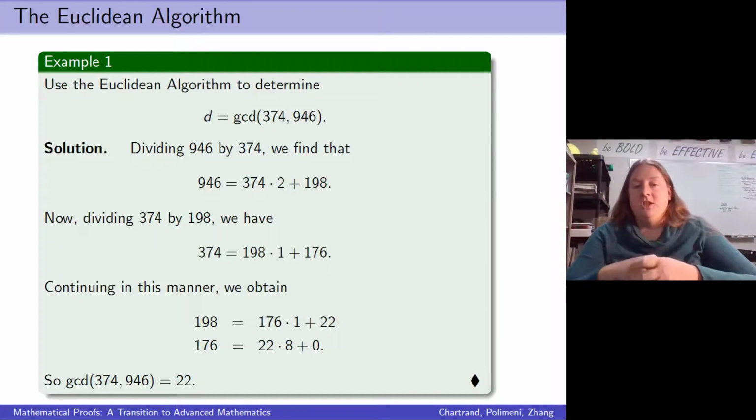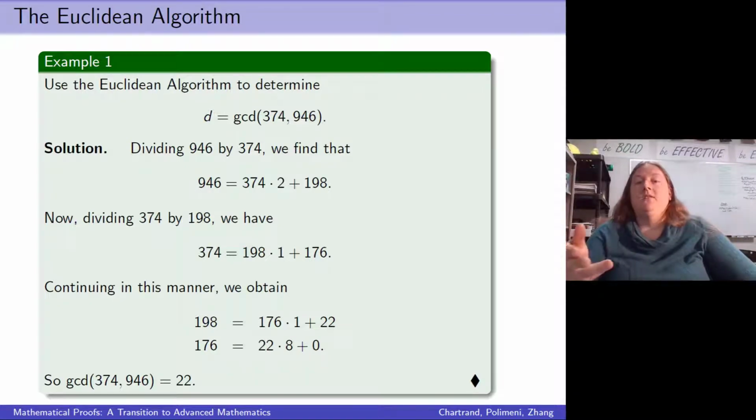So let's try to find the GCD of 374 and 198. Those numbers are still pretty big to deal with, so let's repeat this process. I'll take 374 and divide it by 198, and I'll get 374 equals 198 times 1 plus 176. Now again, still big numbers to deal with, so again, I know the GCD of 374 and 198 is actually equal to the GCD of 198 and 176.